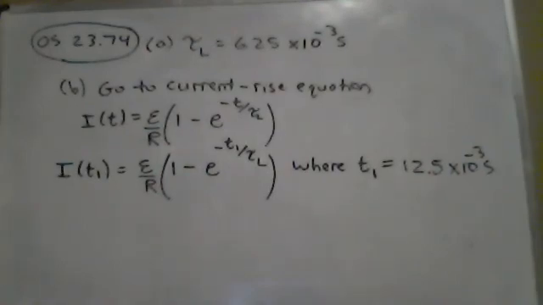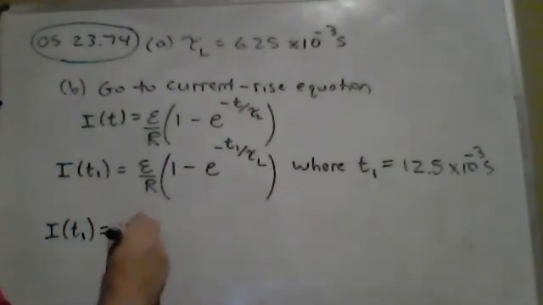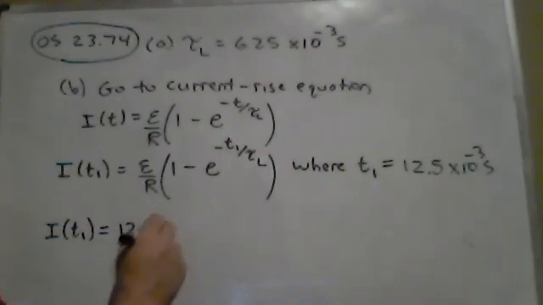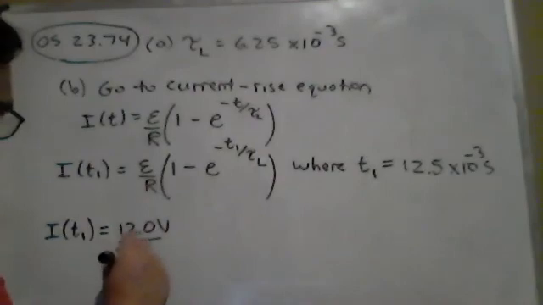And it's literally just a matter of plugging into the equation out of the box, right? So I of T1: epsilon, we're told that's 12 volts, the voltage source, divided by the resistance of 4.00 ohms.